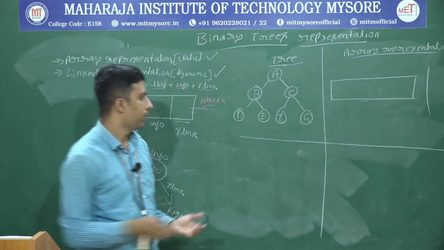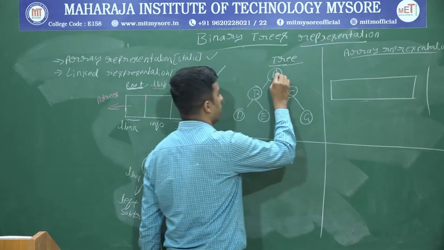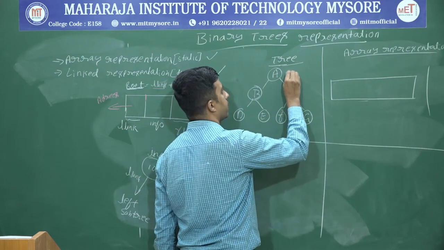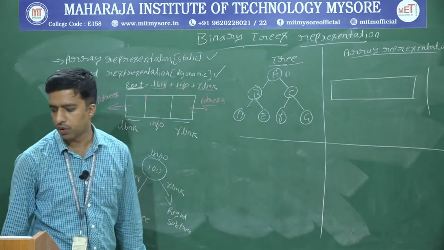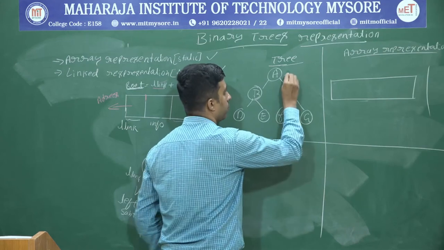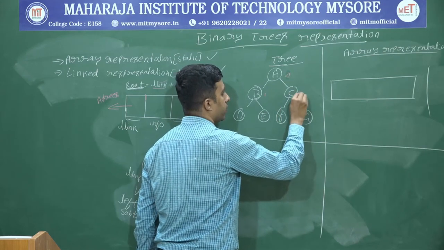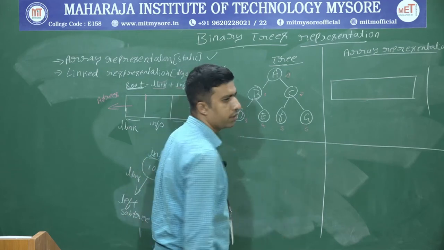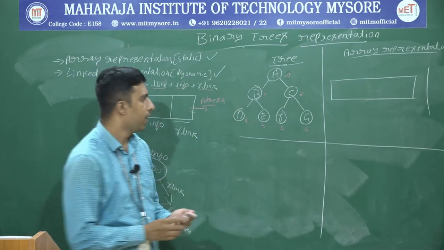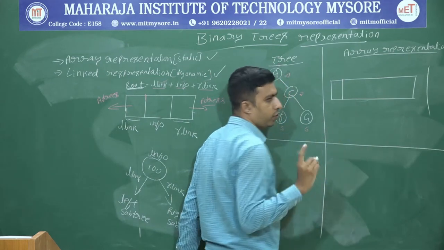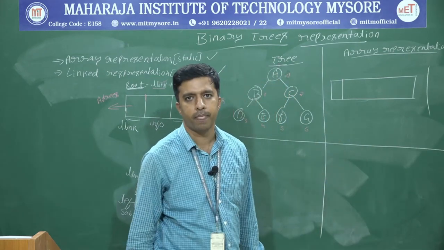Now see how many values there are: 1, 2, 3, 4, 5, 6, 7. The 0th node always holds the address of the root, then the first node, second node, third node, 4th, 5th and 6th. These are the nodes in the tree. Always check the 0th node: if it is null, it means the tree is empty.